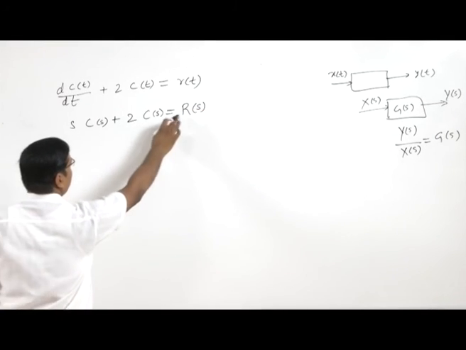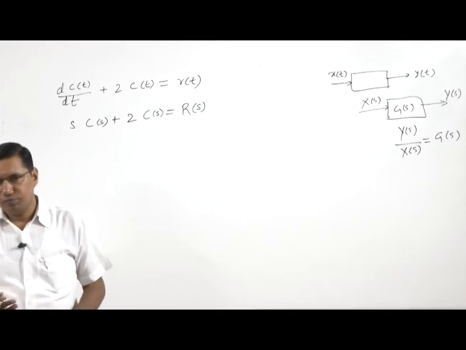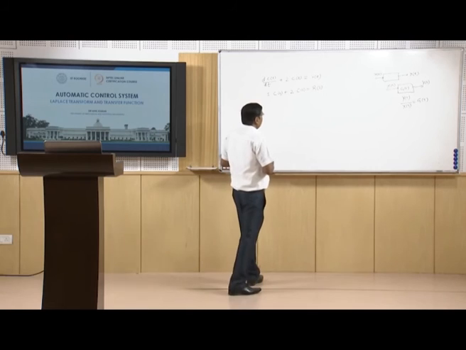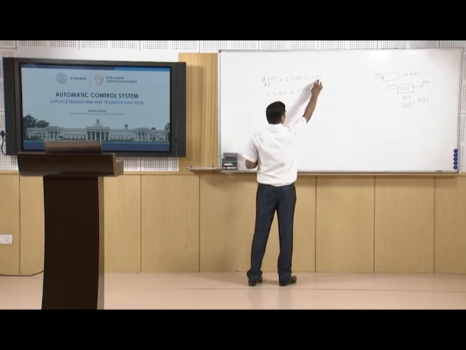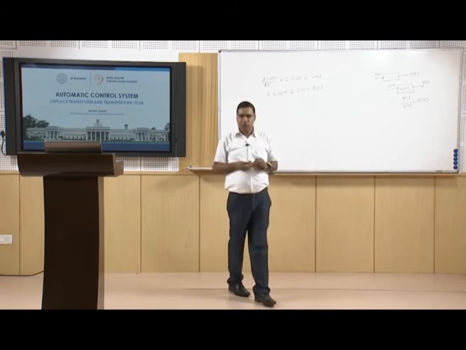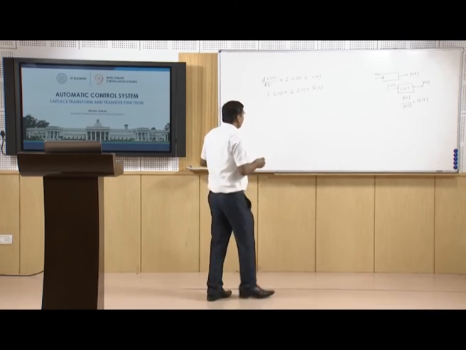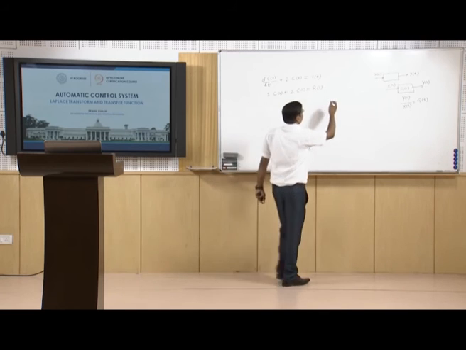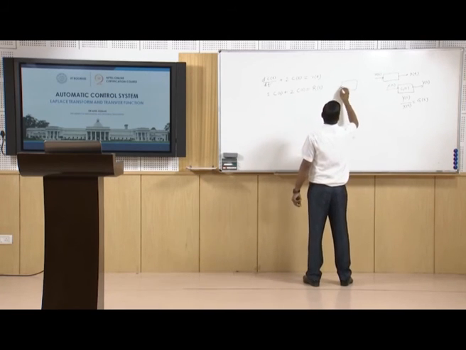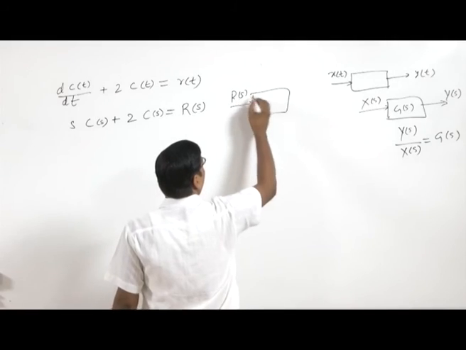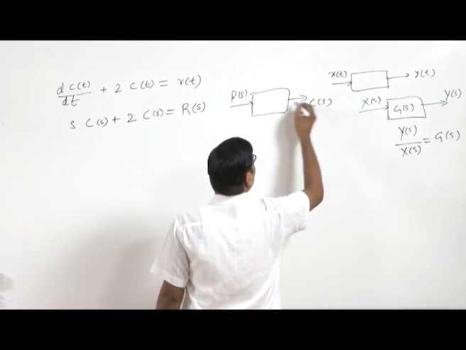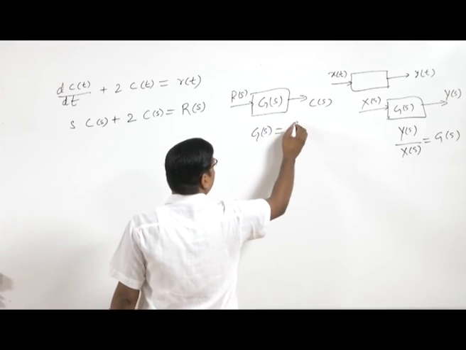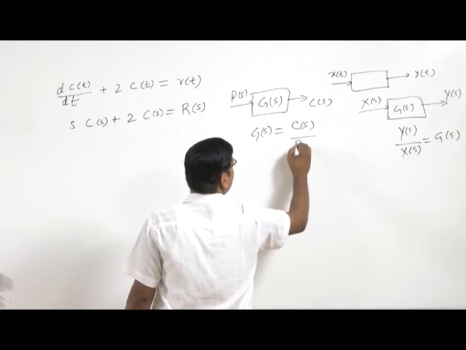Here capital letters represent the Laplace transform function, and small letters usually represent the time domain. So it is like we have input R(s) and output C(s), and we have to find G(s). So G(s) equals C(s), output, by input.